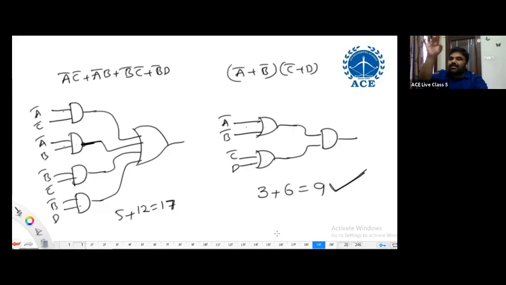Again, complexity can be compared, including inverter complexity. If it is mentioned that only uncomplemented variables are available, you are getting two expressions, maybe in SOP or maybe in POS, maybe one in SOP and one in POS, having the same complexity, but the number of inverters required may be different. That complexity also can be included.